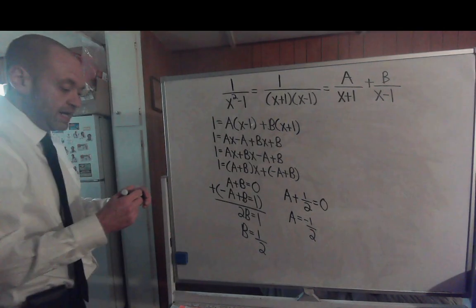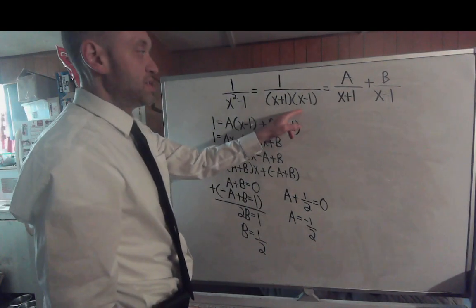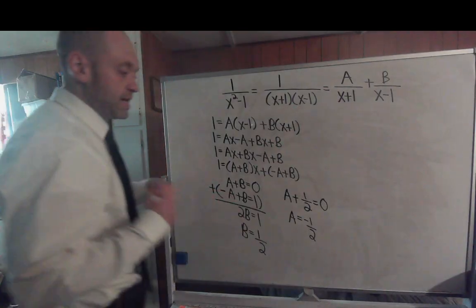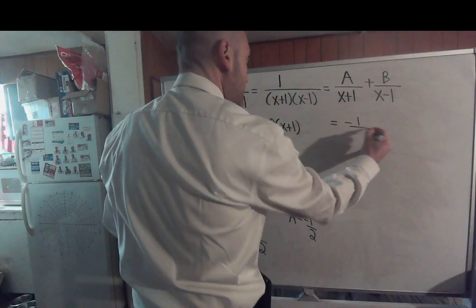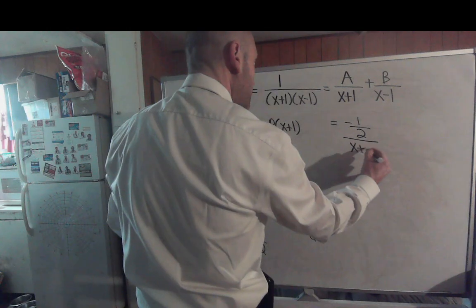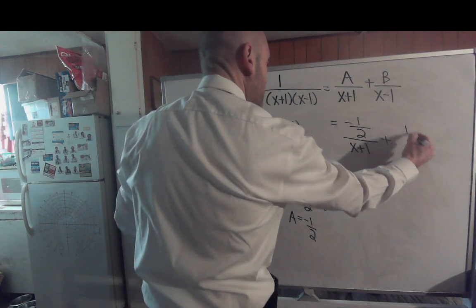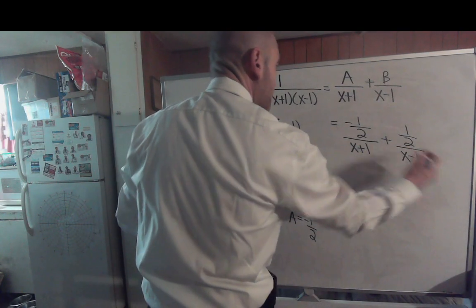We found a and b, so now we have the partial fraction decomposition of 1 over x squared minus 1. That's going to be the exact same thing as negative 1/2 all over x plus 1 plus 1/2 all over x minus 1.